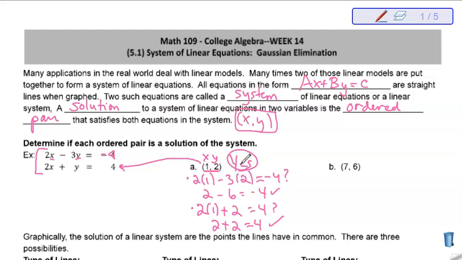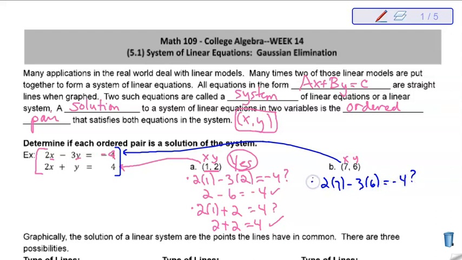If I were then to try this xy point, 7, 6, to see if it's a solution, I'm going to again plug it right in here. Let's do it in the first one, where I would do 2 times 7 minus 3 times 6, and is that negative 4? Here is 14, here is 18. When I subtract them, yes, I do get negative 4.